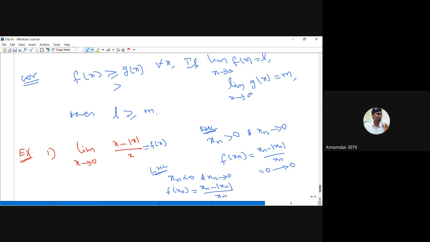But the xn's are negative, therefore modulus of xn is minus xn. So minus minus plus, we have 2xn in the numerator and 2xn in the denominator... xn is non-zero, so we can cancel it, and we have 2. A constant sequence 2 converges to 2. Therefore the left hand limit is 2 and the right hand limit is 0. Both limits exist but are not equal. Therefore the limit of the function does not exist.